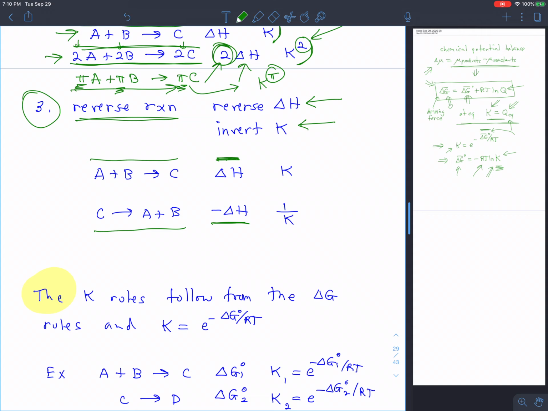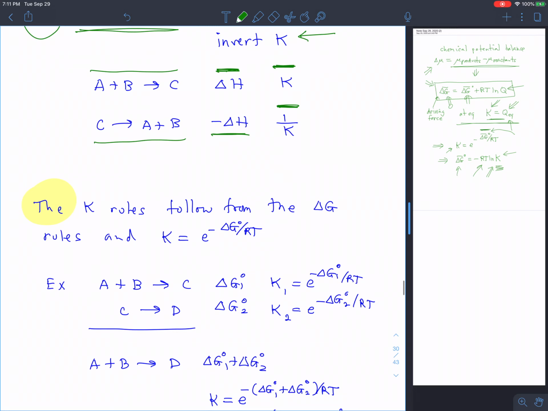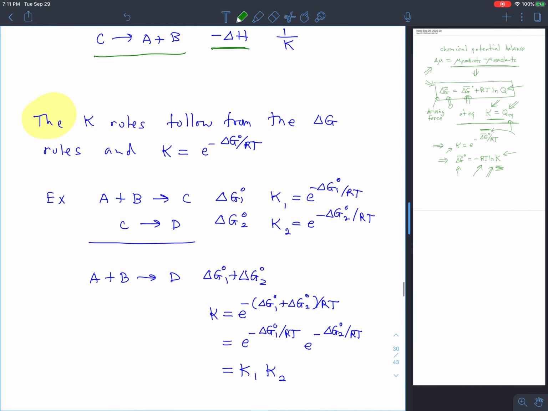I don't think anyone even noticed that we used that rule without saying what the rule was, but we did. For an equilibrium constant, though, it's not quite so intuitive. The new equilibrium constant for the reversed reaction is 1 over K rather than anything else. So you invert or take the reciprocal of the original equilibrium constant if you reverse the reaction.